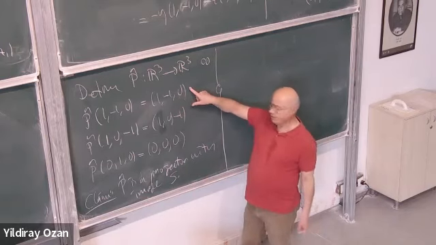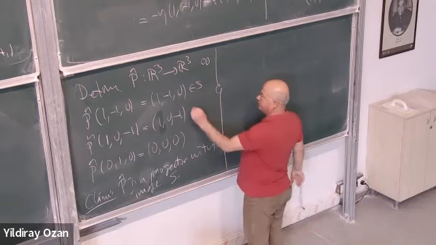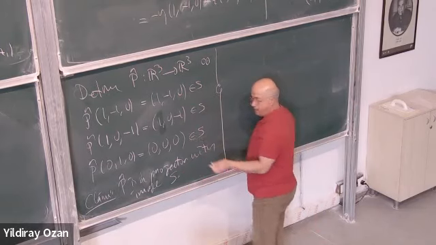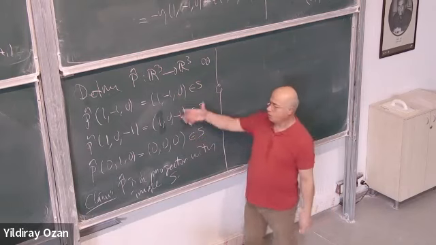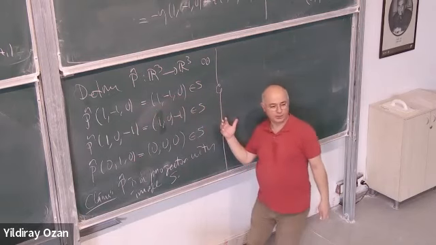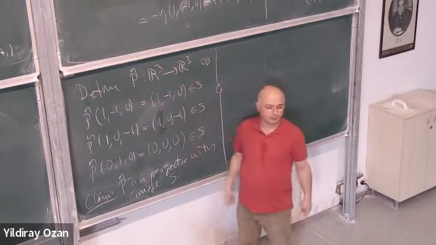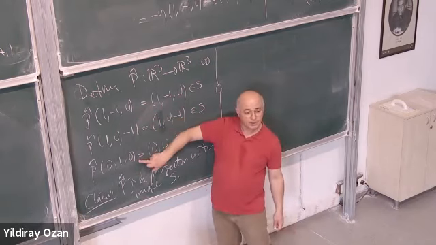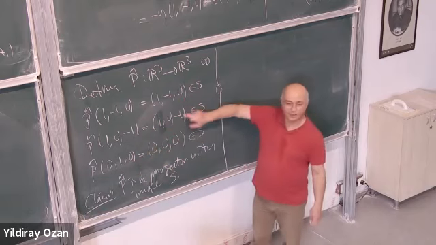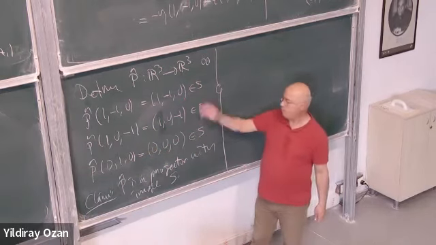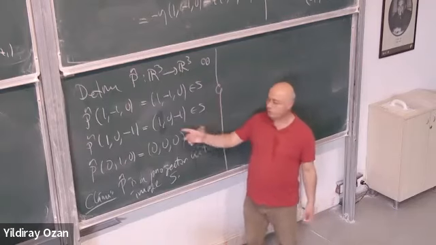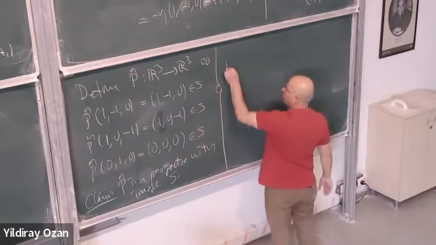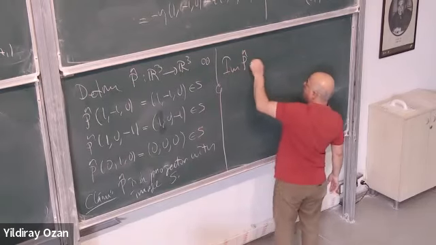This is in S, right? This is in S, this is in S, and this is the 0 vector. So these three vectors are mapped into S. Therefore, any vector will be mapped into S because any vector is a linear combination of these. Therefore, its image will be a linear combination of these vectors, but they are all in S.